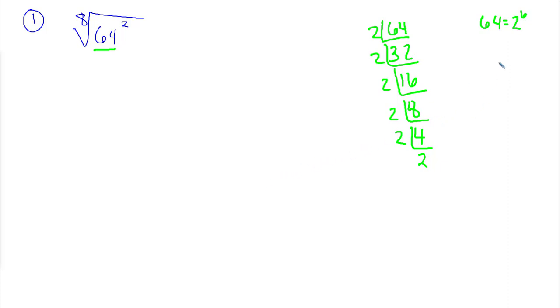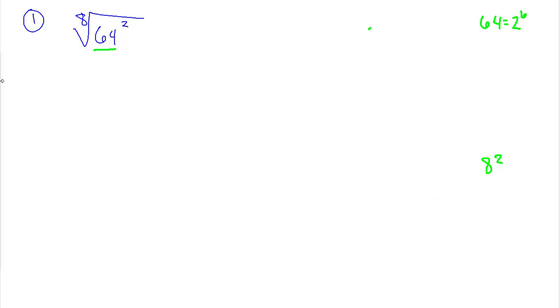Another way some people think about this is 64 is 8 squared, and 8 is 2 cubed. And so when we multiply our exponents, we get 2 to the 6th. Both methods work to find it, whatever one works for you.